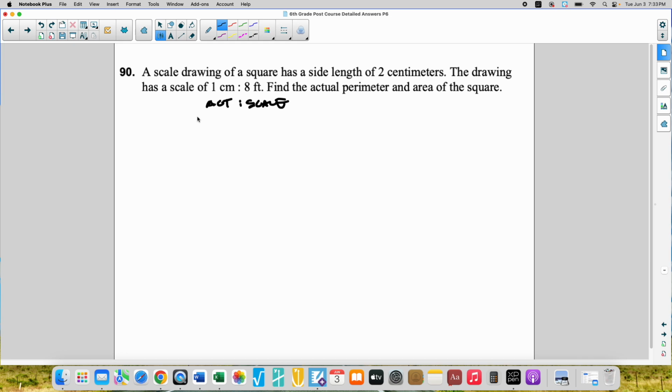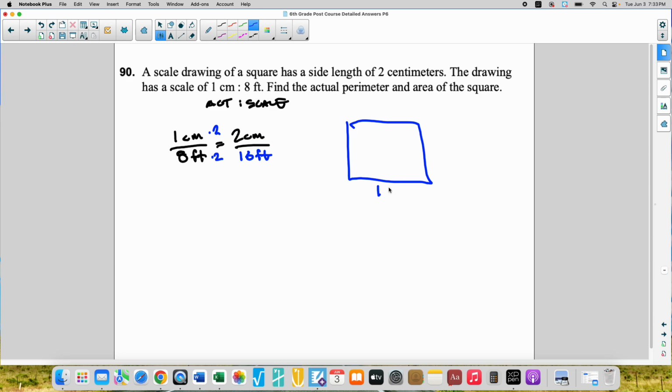So find the actual perimeter. 1 centimeter to 8 feet is the key, and we see it's 2 centimeters, so we multiply that by 2, and we get 16 feet. So my square's side is 16 feet.